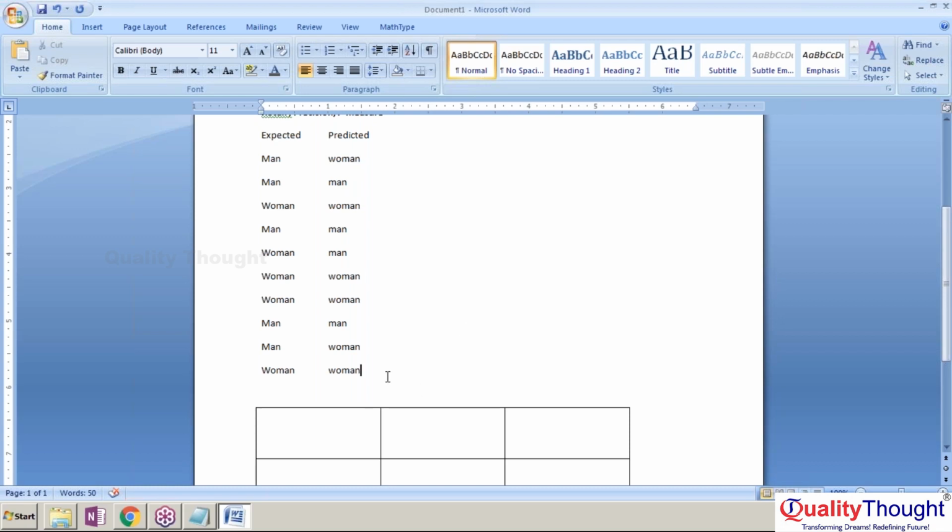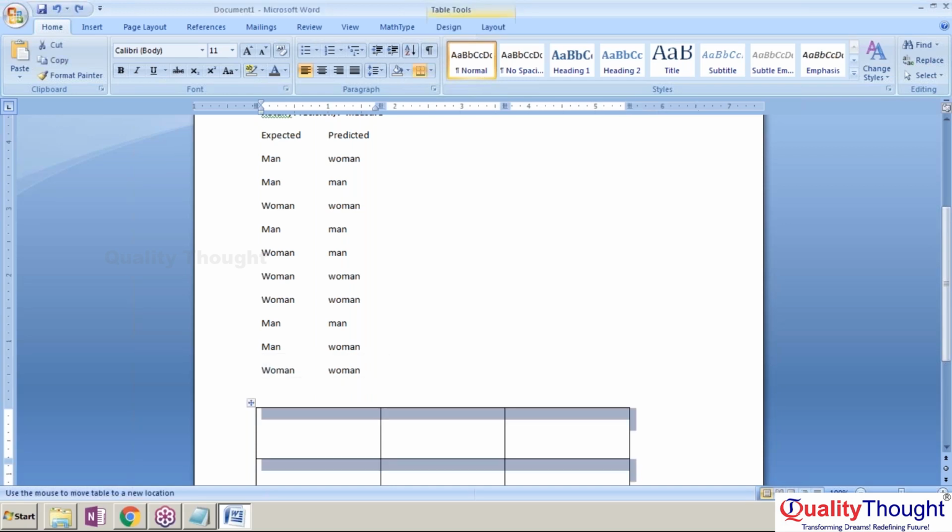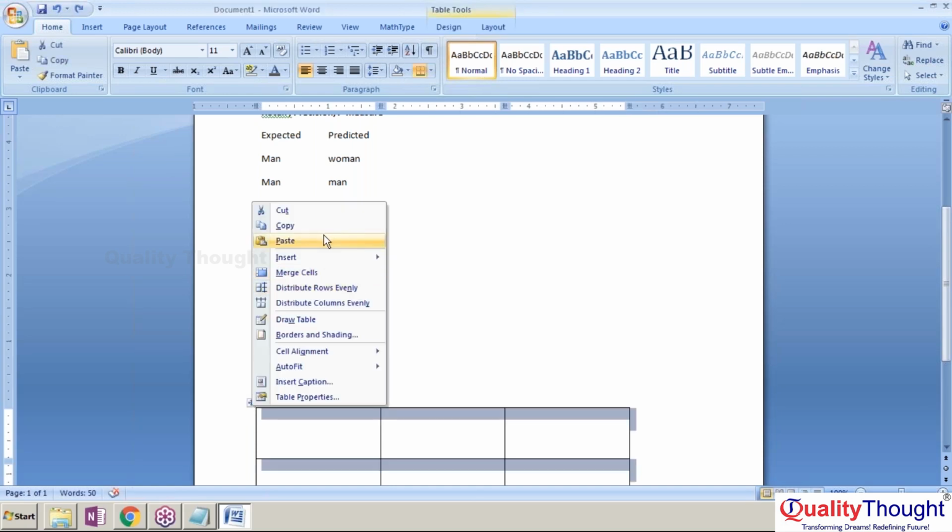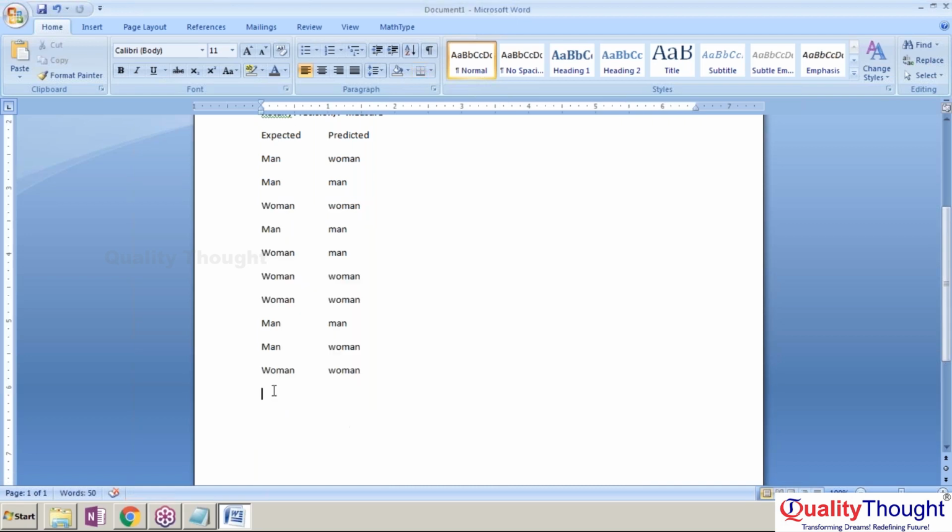In order to perform the accuracy, we need to understand that accuracy is equal to total correct predictions divided by total predictions made, right or wrong?